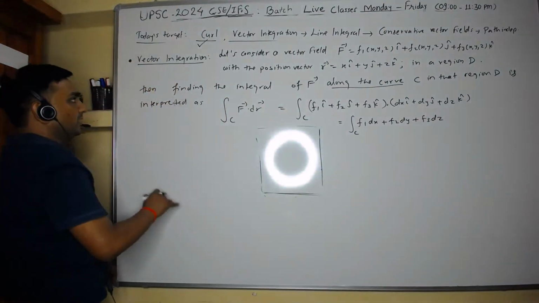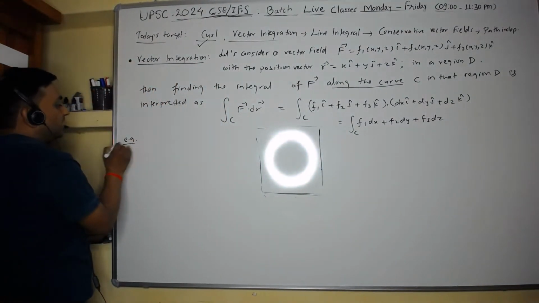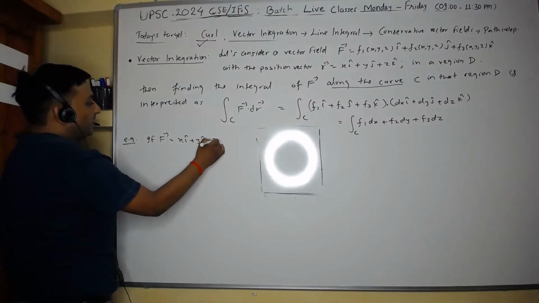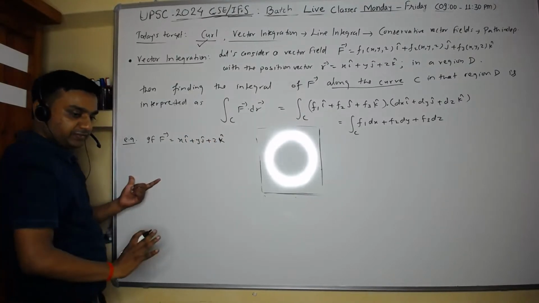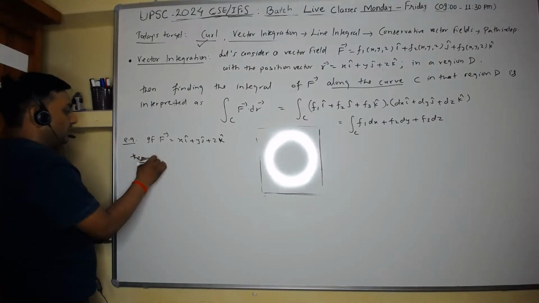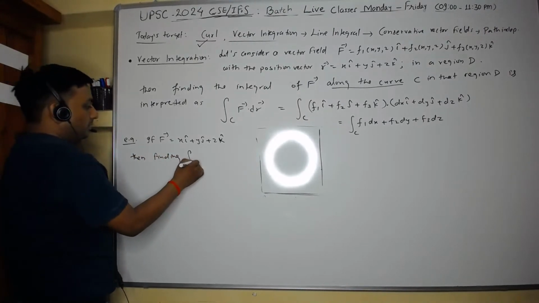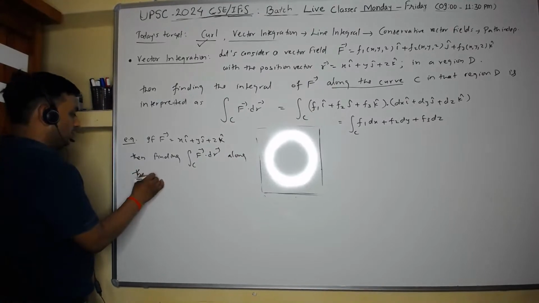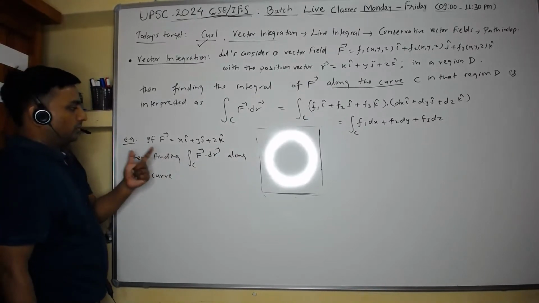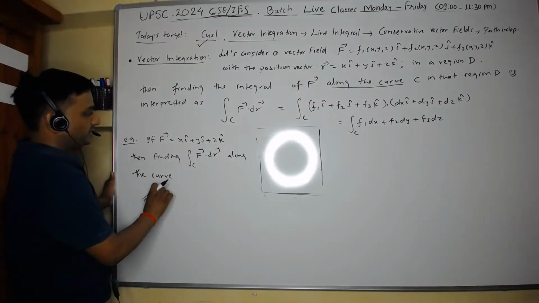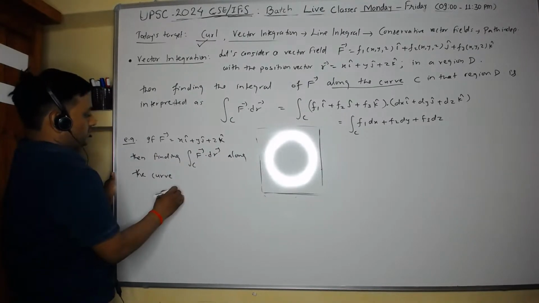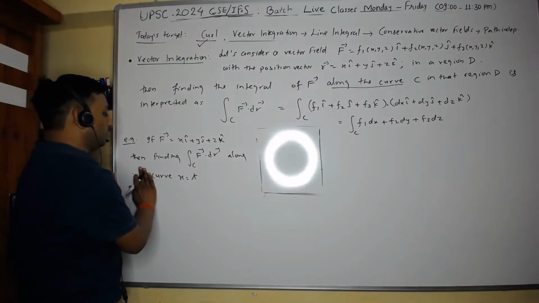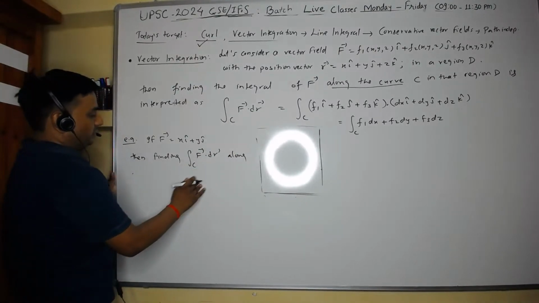Fair? चलिए. Just to get the feeling of that, let's take an example. If f vector equals x i cap plus y j cap plus z k cap, ठीक? Then finding integration C f vector dot dr vector, let's say x y z, if you're taking, एक सेकंड रुकेंगे, पहले तो मैं इसको 2D में दिखा देता हूं, फिर आसान हो जाएगा अपने लिए.